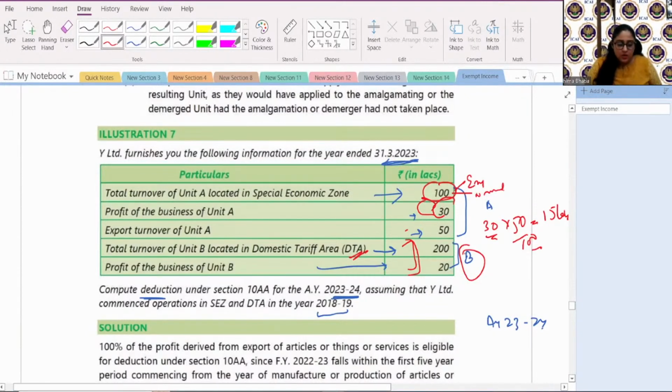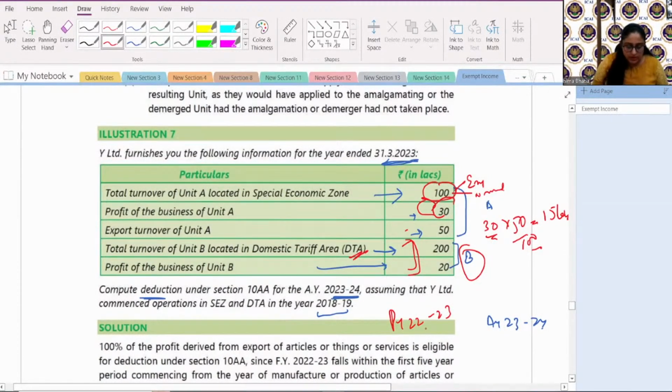Clear. Now we are talking about financial year, assessment year 23-24, which is your previous year 22-23. The manufacturing began in previous year 1819. Now on which year of tax holiday he is here? 1819, 1920, 2021, 21-22, 22-23.